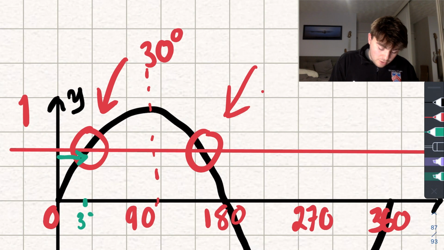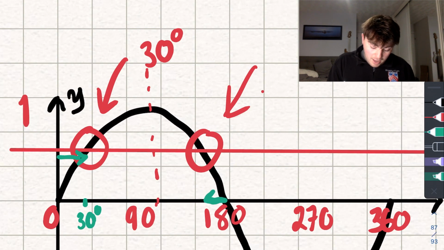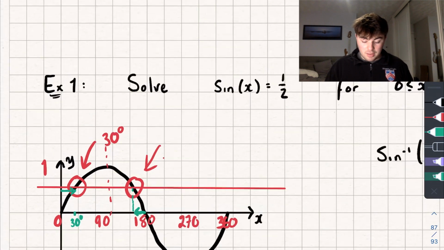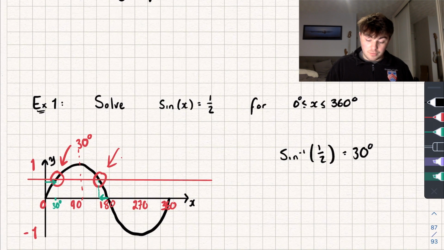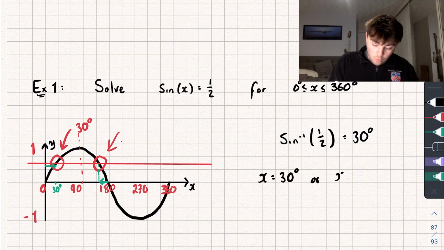Well, I have to go across 30 degrees. And so by the symmetry, if I start at 180 and move back 30 degrees, that's going to take me to this second solution. So I can just do 180 subtract 30, and that gives me an answer of 150. And so my two solutions are going to be x equals 30 degrees or x equals 150 degrees.